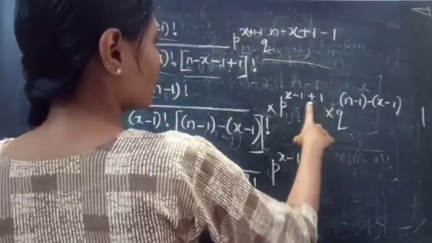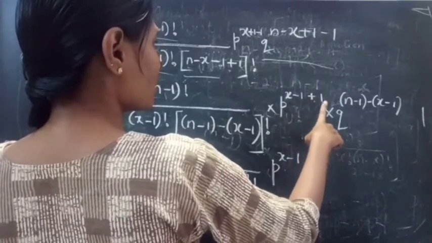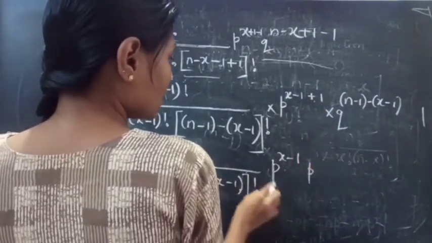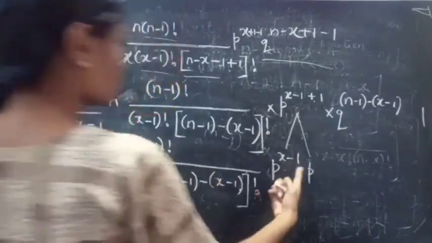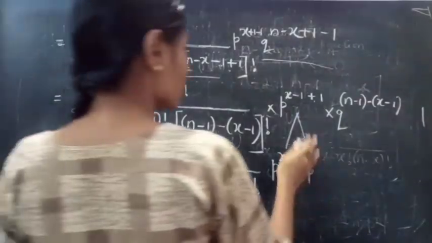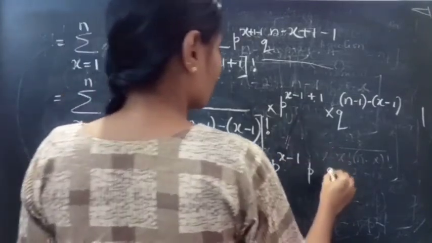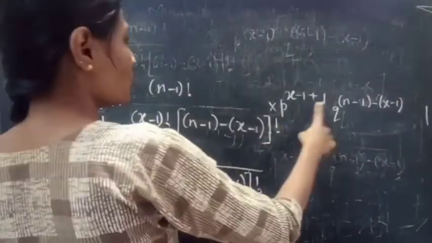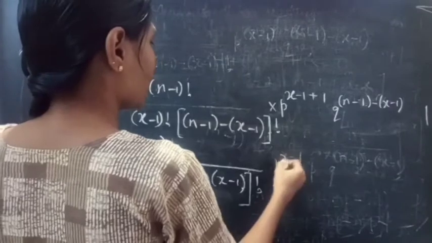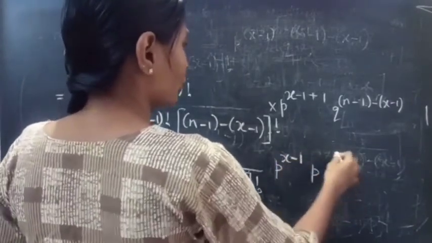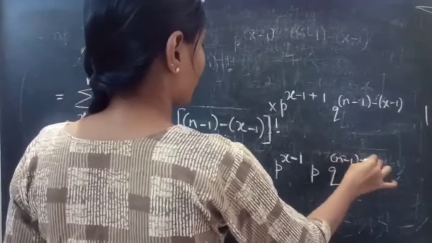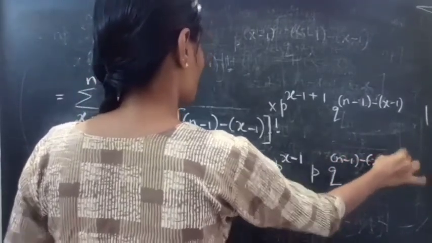So p power x minus 1 plus 1 can be split into two: p power x minus 1 into p, and q power n minus 1 minus of x minus 1 remains the same.